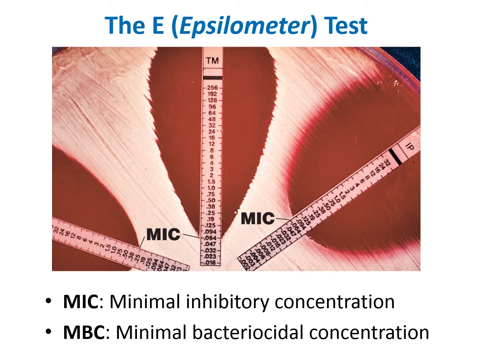The epsilometer test is similar to the Kirby-Bauer, but it gives a bit more information. Instead of having just one disc impregnated with one concentration of drug, we have a strip that's impregnated with different concentrations of drug, as you can see here.